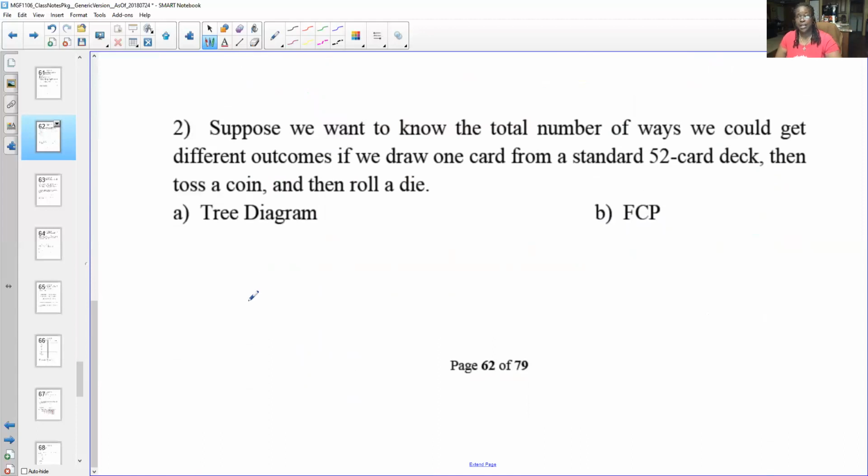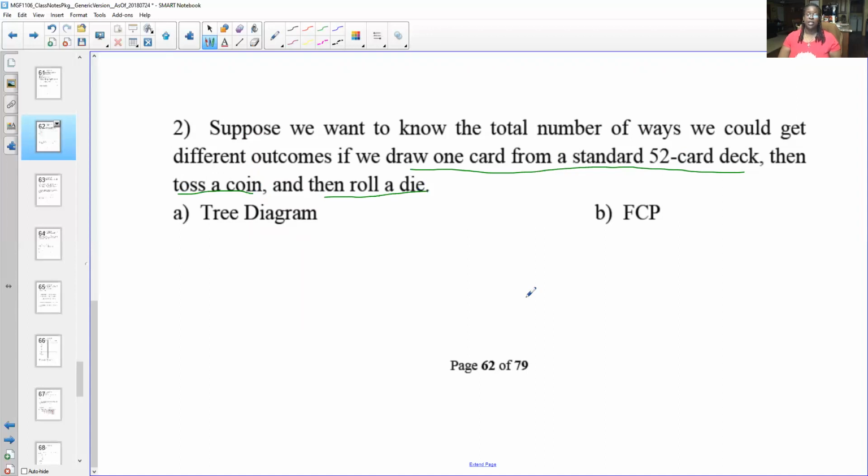Here we are with our second example. It says, suppose we want to know the total number of ways we could get different outcomes if we draw one card from a standard 52 card deck, then toss a coin, then roll a die.